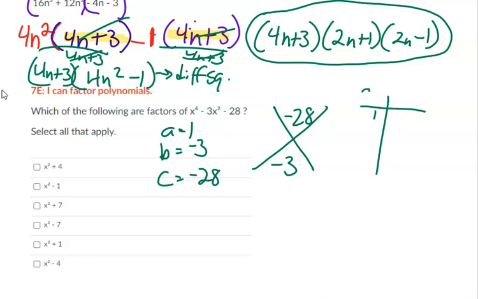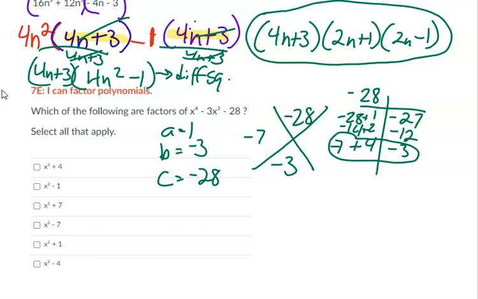Let's write our factor pairs of 28. So 28 divided by 1, we have 28. That doesn't give it to us. 28 divided by 2, we have 14. That's not it. 28 divided by 4, that's going to be 7. And that's what we want.